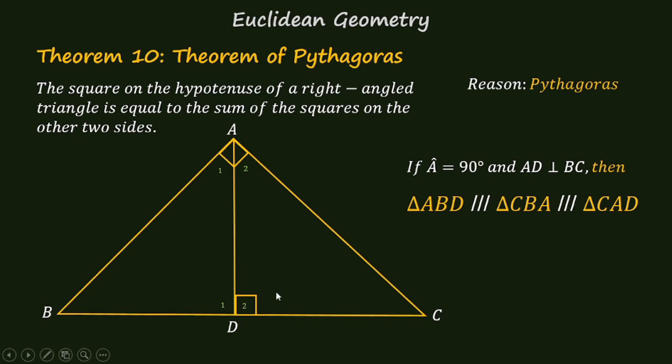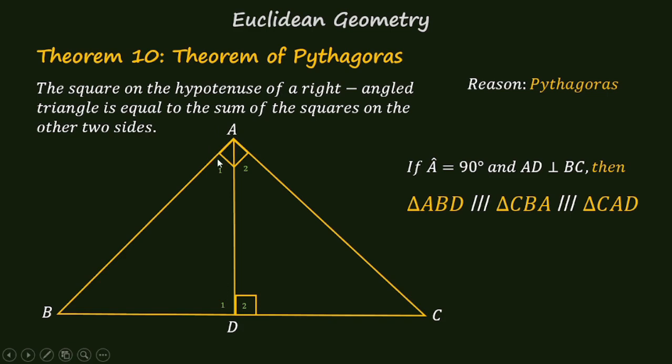So in that case, your triangle ABD will be similar to your triangle CBA, the whole triangle CBA, and then it will be similar to triangle CAD. So we have three triangles that are similar to each other here. Let's repeat this.